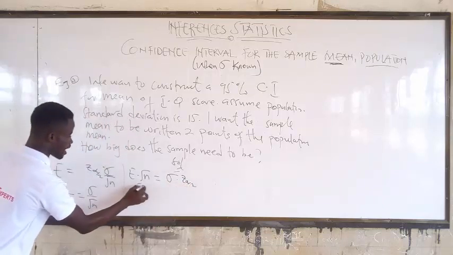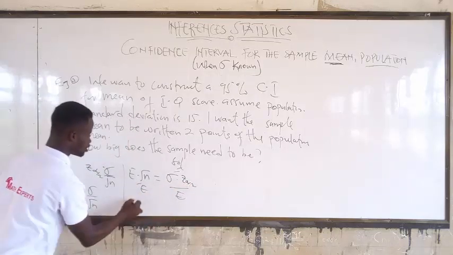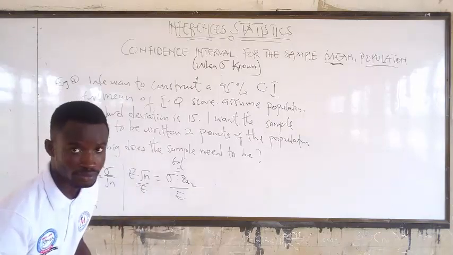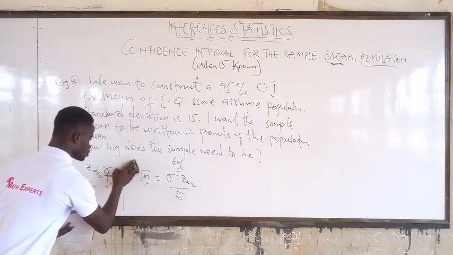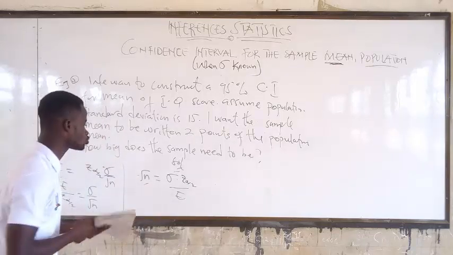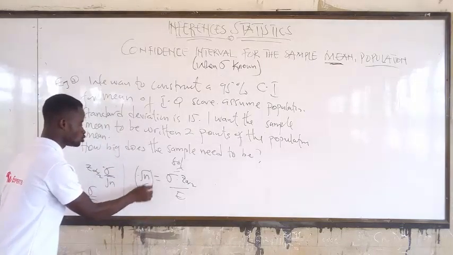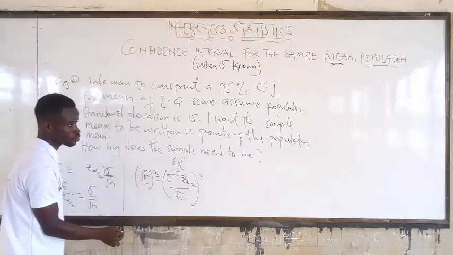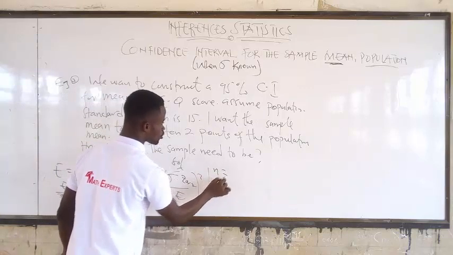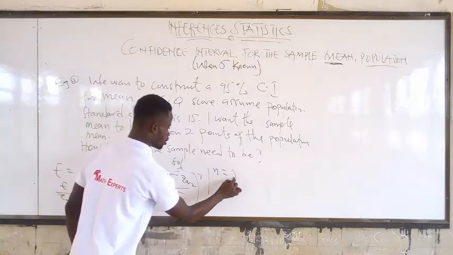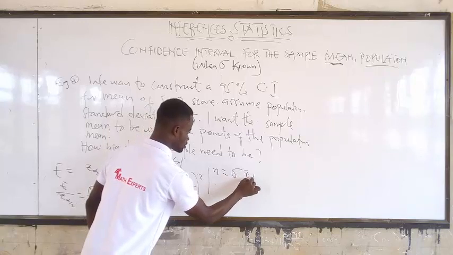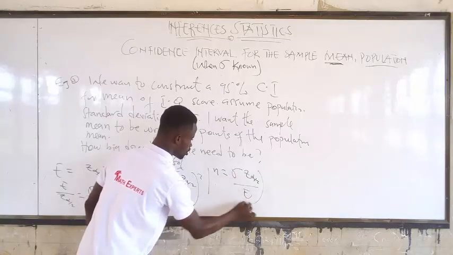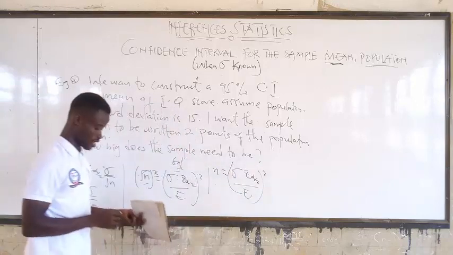So you divide here by E, divide here by E. So this one will go. So therefore, you will be left with square root of n is equal to that. So you square both sides in order to remove the root. Therefore, n will be equal to standard deviation times Z alpha over 2, all this over E, the whole of this squared.